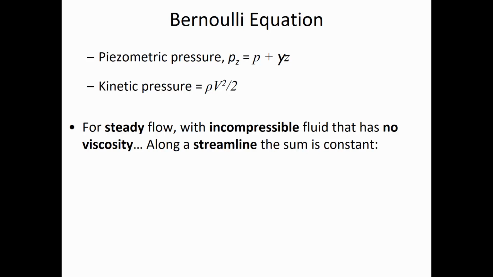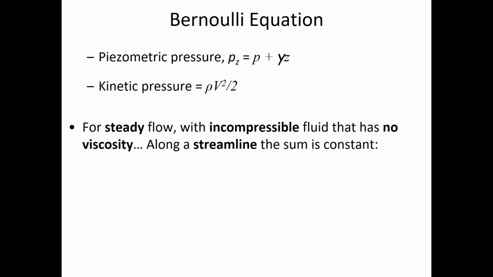So what we're left with is newton per meter squared. That just kind of shows that the kinetic pressure can be added to the piezometric pressure, and it's all going to have the same units. So what we're saying is between 2 points, the sum of all of this together, the kinetic pressure combined with the piezometric pressure, is conserved as flow goes between 2 points.